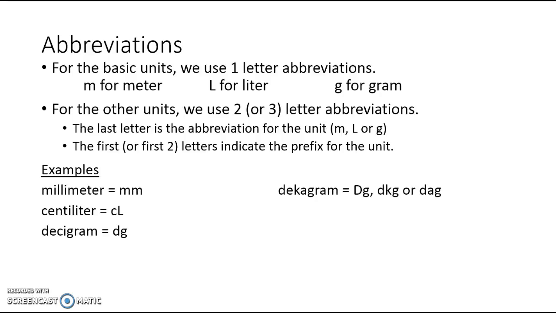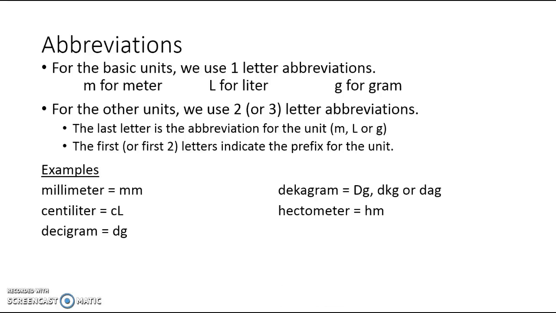What's more commonly done is to use DK for deca or DA for deca, and then to add the letter for the unit. So you'd have a decagram is either DKG or DAG. Your textbook uses the DA abbreviation. I tend to use either the DK abbreviation or the capital D abbreviation.